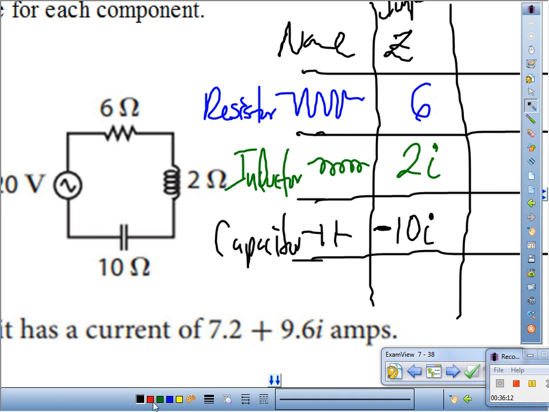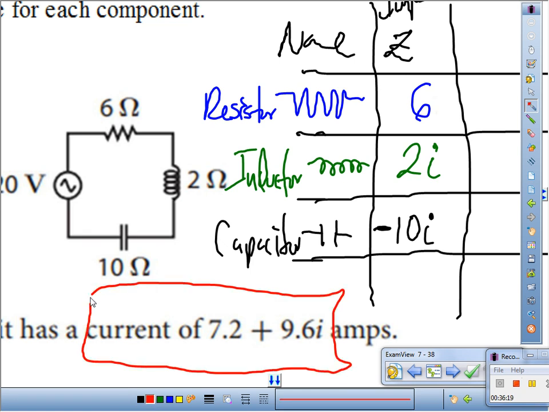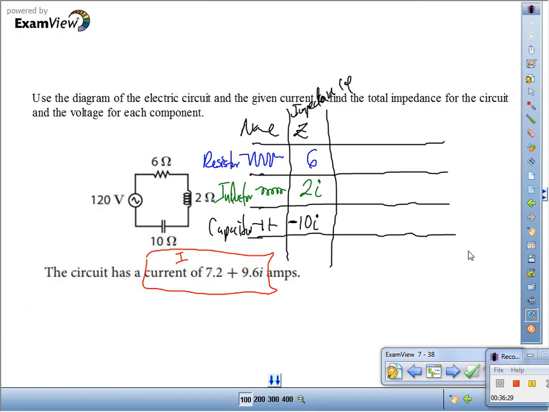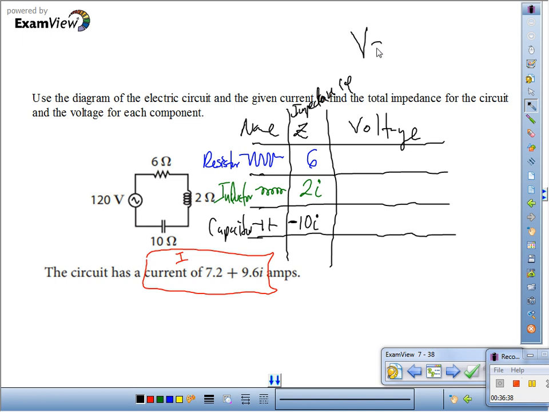All right. So with that said, current. Look up, please. Current, given that one. They usually use the variable I as the current. Make a label for that, because this is where some of you get confused. So our formula for finding the voltage of each component is V equals what?